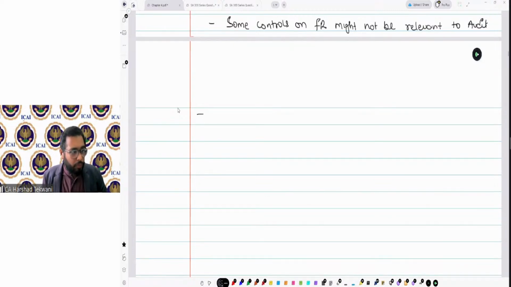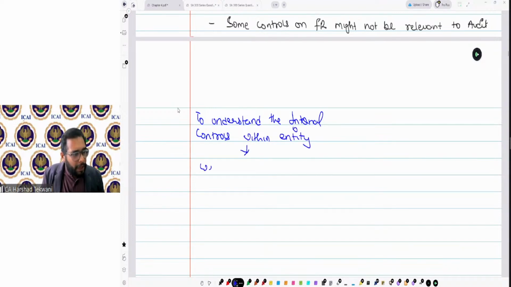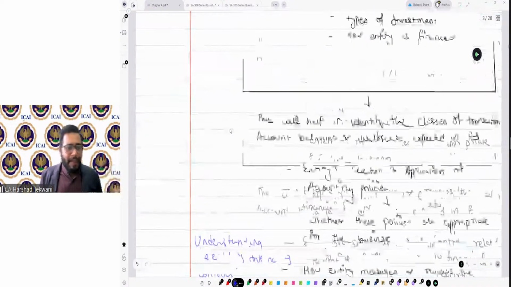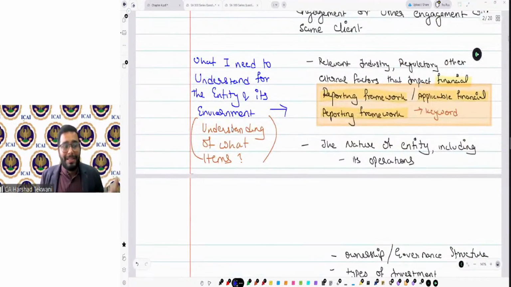Now, the way we were understanding the entity and its environment, we had a list of items.